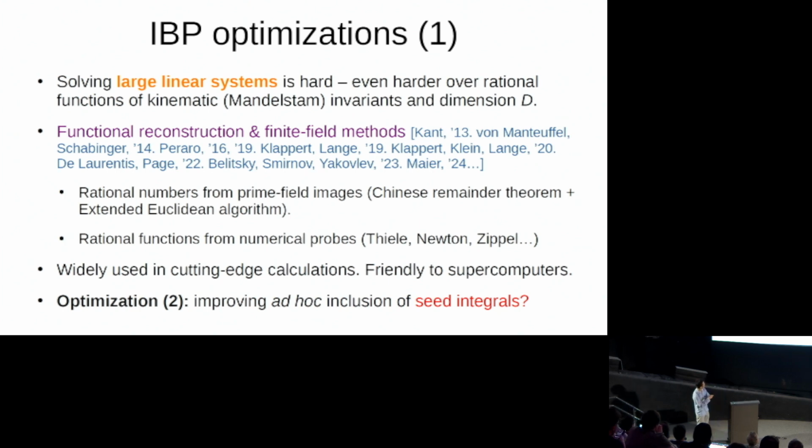If you do your calculation modulo a prime number, the numbers always stay bounded by the size of your prime. So the intermediate stages become much faster.